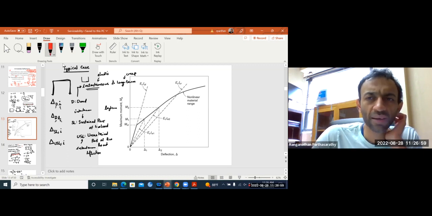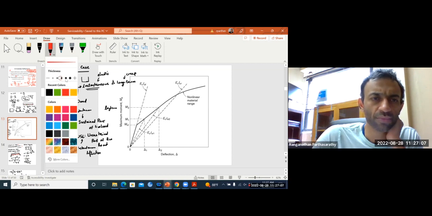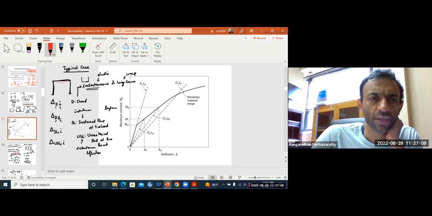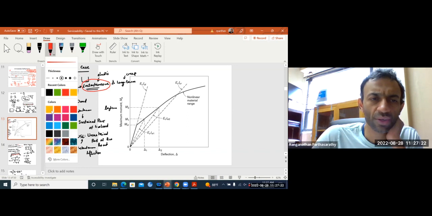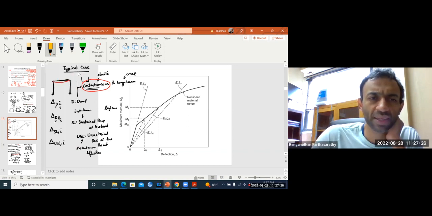Now your beam, after the application of dead load, that is after everything was built, already underwent the instantaneous deflection due to dead load. This thing has already happened. And after that happened, your equipment came in.